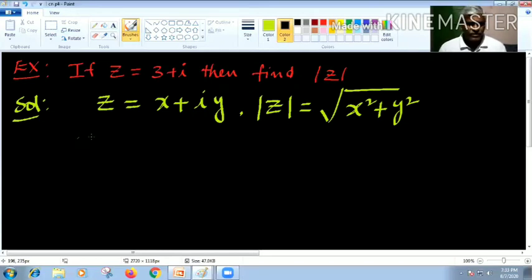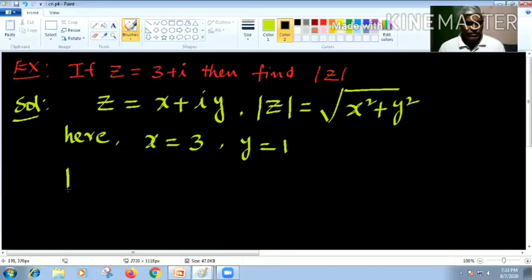So comparing the given complex number with the standard form x plus iy, here the x value will be 3 and y will be 1.